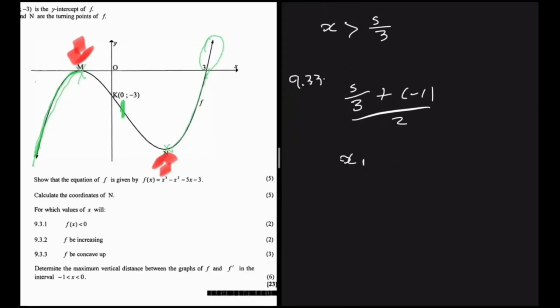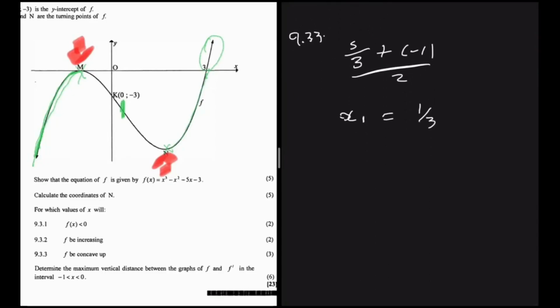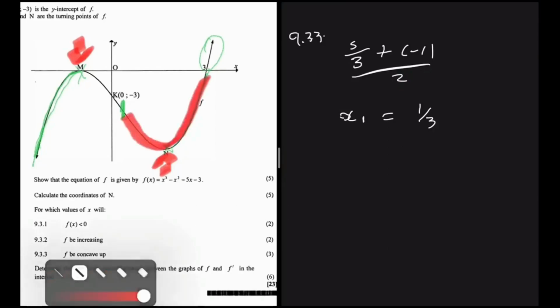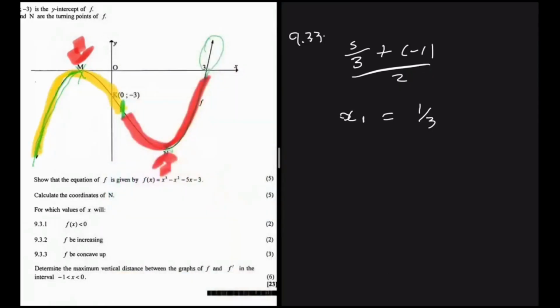So 5 divided by 3 minus 1, divided by 2, I get 1 divided by 3. So this is concave up, and this here is concave down. So the graph is concave up when x is greater than 1 divided by 3, clearly.